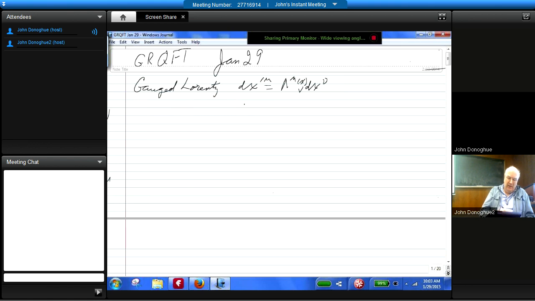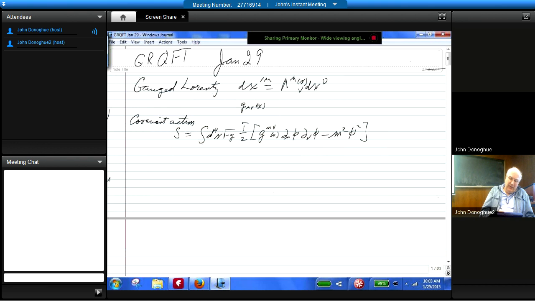When we did this, we promoted g mu nu into a field, and when we wrote a covariant action for a scalar, the action being the integral of d4x square root of minus g, 1/2 g mu nu of x d mu phi d nu phi minus m squared phi squared.